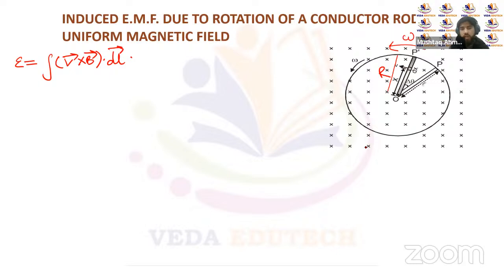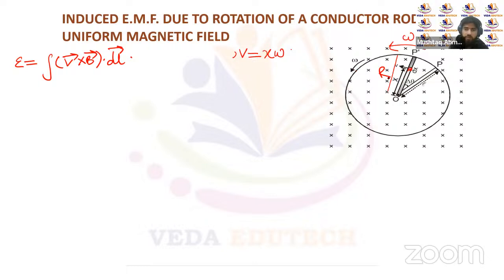The velocity of each point on this rod is actually different. Omega is the same, but the velocity is different. So the velocity of a point on this rod at a distance of x will be given as v is equal to x times omega. So let's take this element dx at a distance of x from the center.